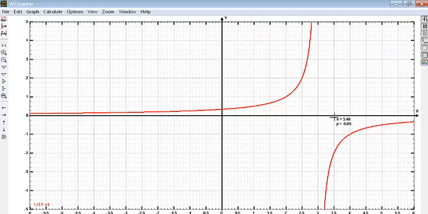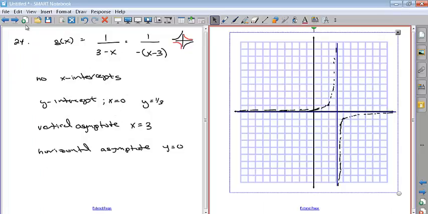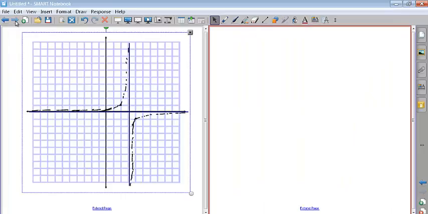Again, this is one whole unit, and actually we're going from here. Yeah, so that's x equals 3. So you go over 1 unit to 2, and then up 1 unit to 1, and you can do the same thing here. You go over 2, down 1. So those are the 2 points. This is the y-intercept.